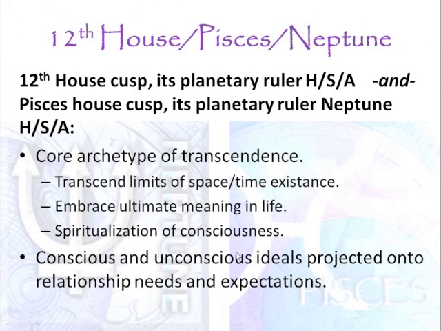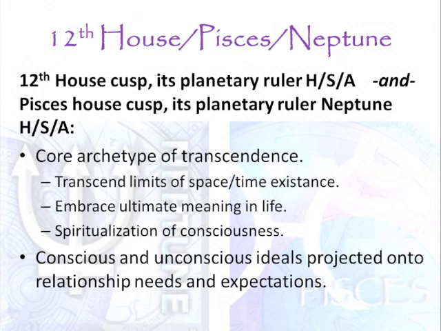So as we glance at what this is, that 12th house cusp, whatever sign's there, its planetary ruler by house, sign, aspect, and of course, where is Pisces by a house cusp, along with its planetary ruler Neptune by house, sign, aspect. So what that in essence is going to represent is the core archetype of what we call transcendence.